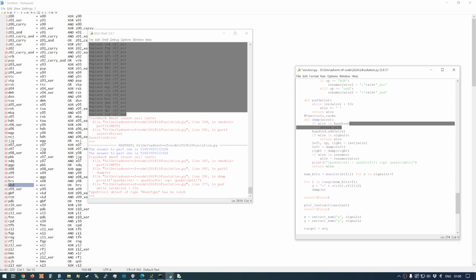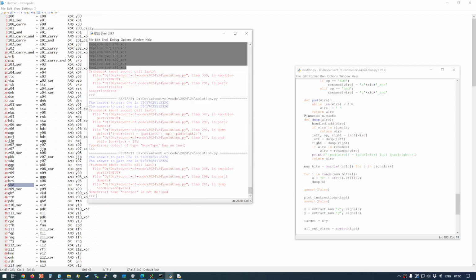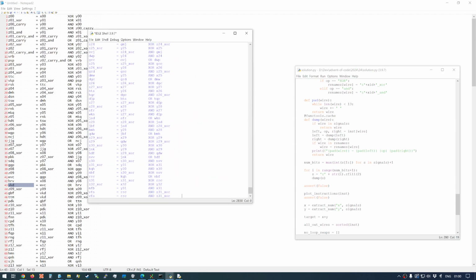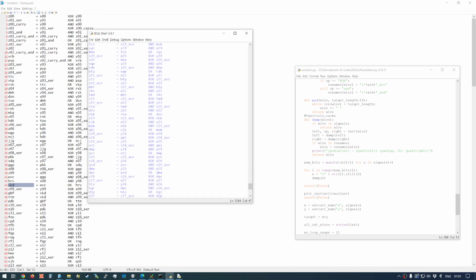No longer need handled because that'll, yeah. Alrighty. Okay. Alrighty. So this should automatically be doing a lot of what I just did, which means I can add more rules.